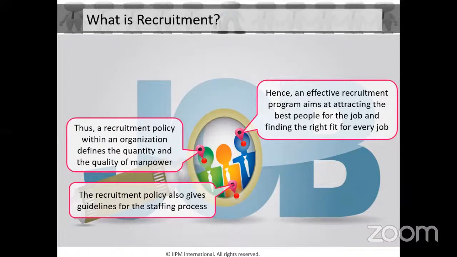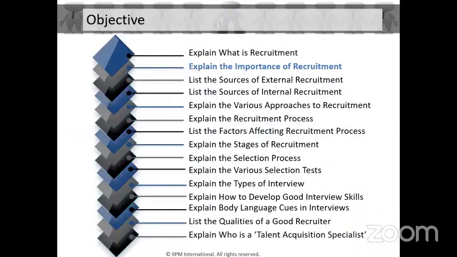It will not be looking at who is your father or who is your mother, who you are connected to. All of that will not be considered, which is exactly what is happening in and around us. So an effective recruitment program aims at attracting the best people for the job and finding the right fit for every job.